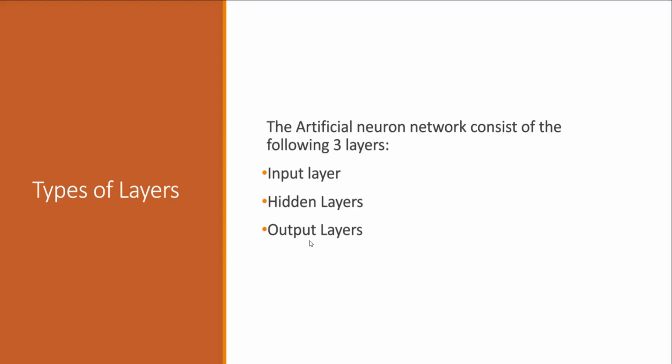Now we will discuss the types of layers. There are 3 types of layers. First is the input layer, second is the hidden layer, third is the output layer. In case of the input layer, it takes inputs and there is only one input layer. It accepts inputs in different formats.